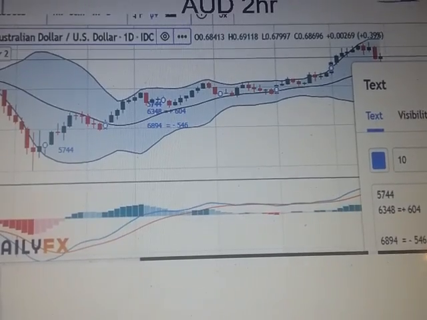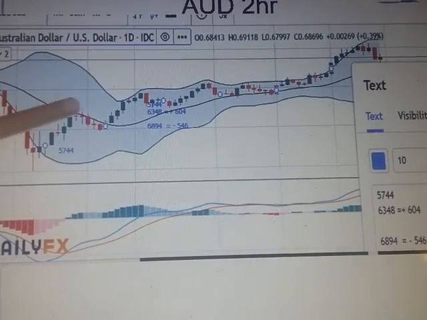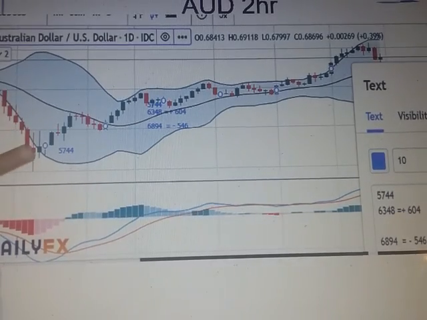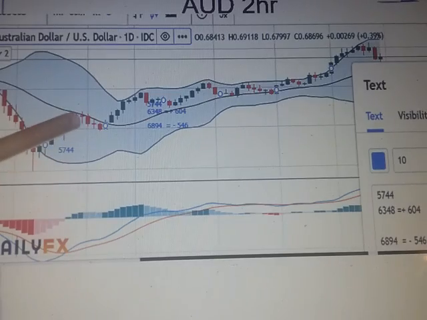Also, with a lower time frame, the Australian 2 hour kind of came out the same at the same time. You had this big crash of everything, and then the markets start to get active again.